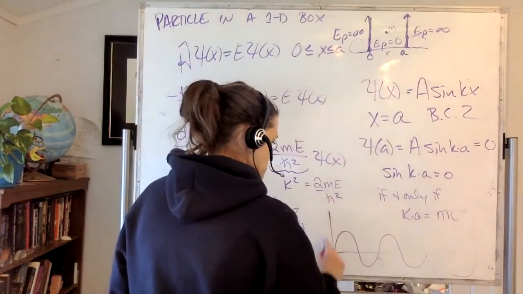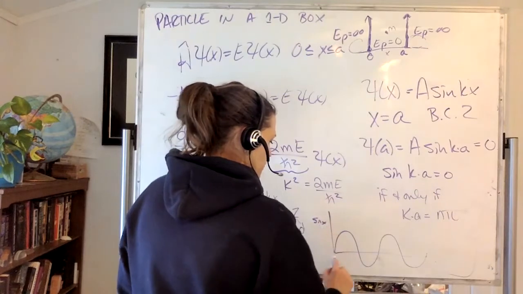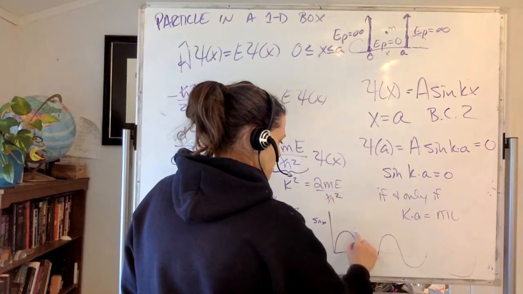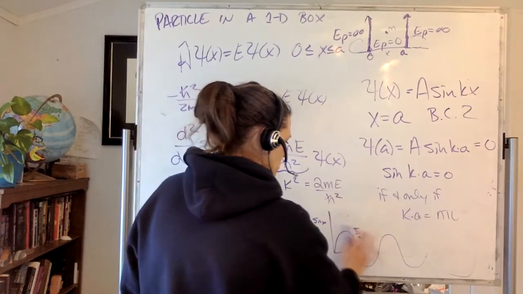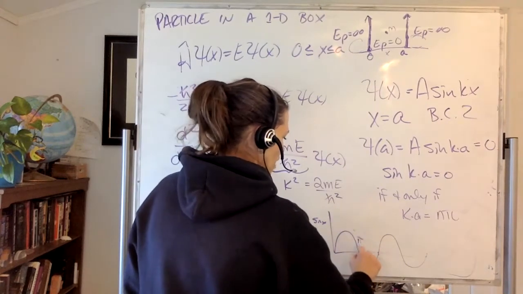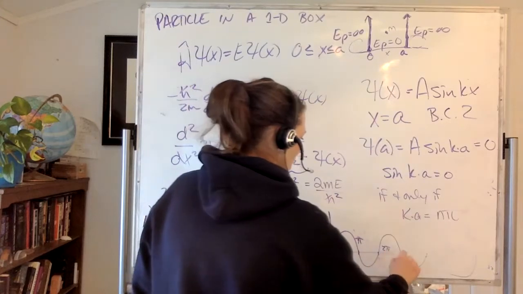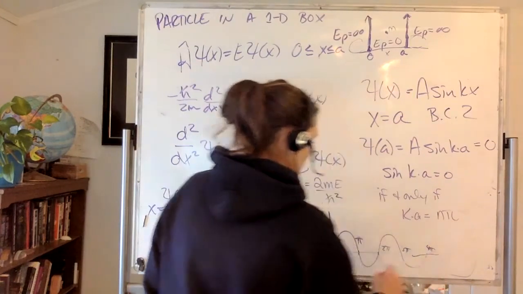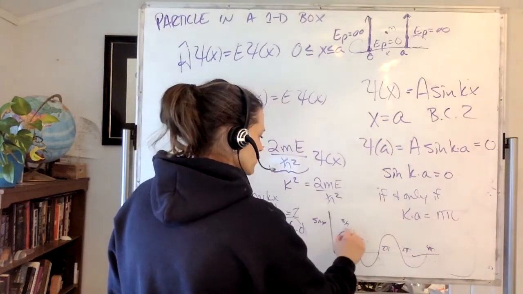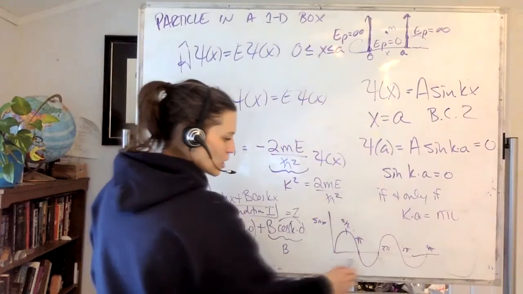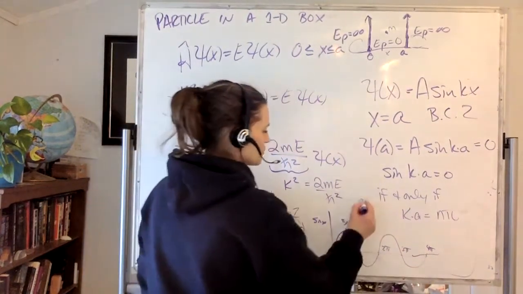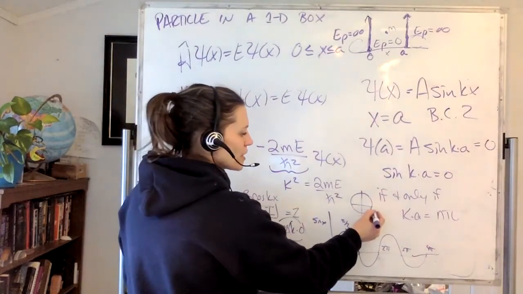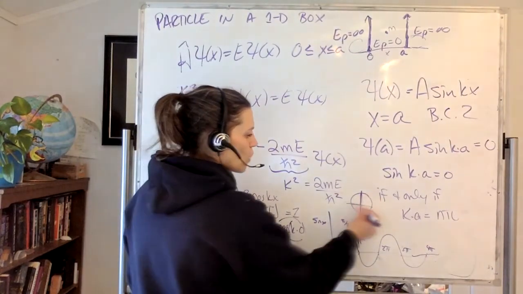So here's sine of x. We've got pi over 2. Whoops, that's a lie. We've got pi, 2 pi, 3 pi, 4 pi, and here's pi over 2. So every time it crosses the 0, this really isn't the unit circle, but the sine is going to be the y component.